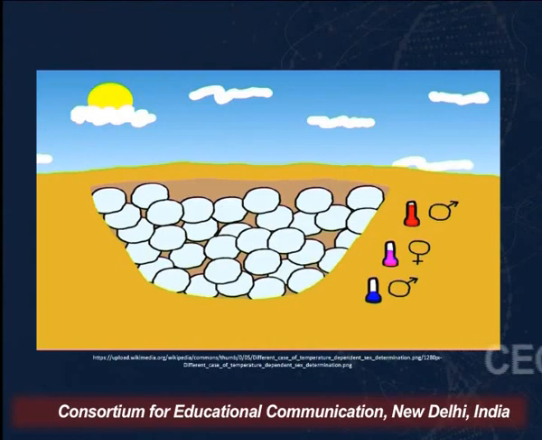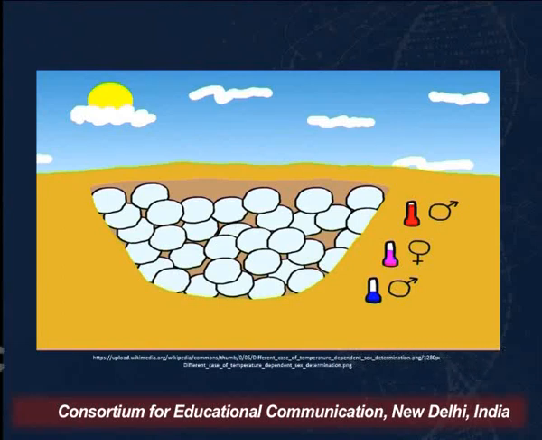On your screens you can find that if a stack of eggs has been laid down, say for example by a turtle, it is buried in sand near the seashore, and all the eggs are not going to be exposed to the same temperature. The ones exposed at the periphery to higher temperatures would develop into a male.